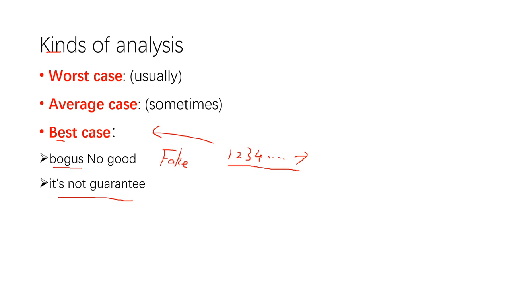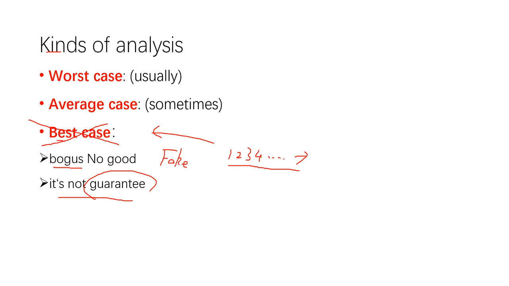If you tell others your program will run at least 3 seconds, you never know if it's going to run for 3 years. So it's not guaranteed. So in the analysis of algorithms, we usually don't talk about the best case. Okay, just to let you know.